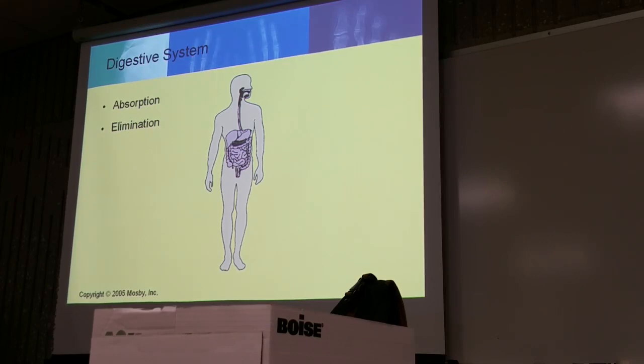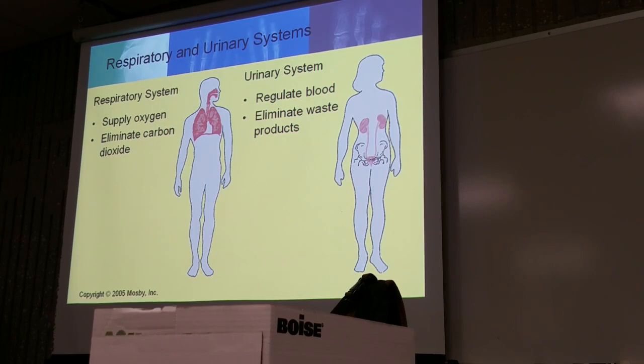So the whole purpose of the digestive system is for absorption of the nutrients and elimination of any waste products. And then you have your respiratory system, which should go along with your circulatory system because the oxygen is delivered by way of the circulatory system to the vital tissues and organs.